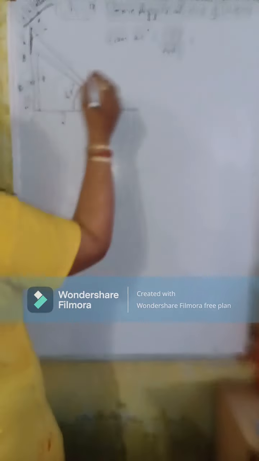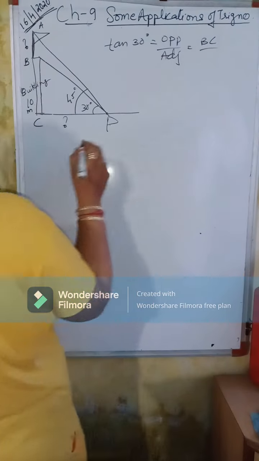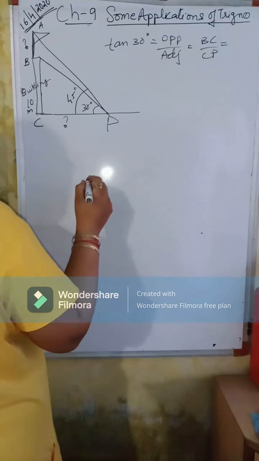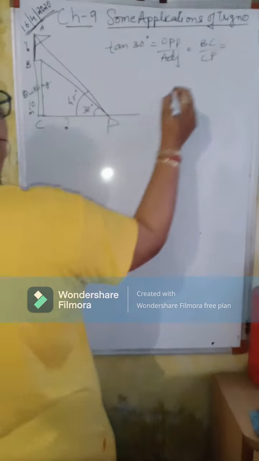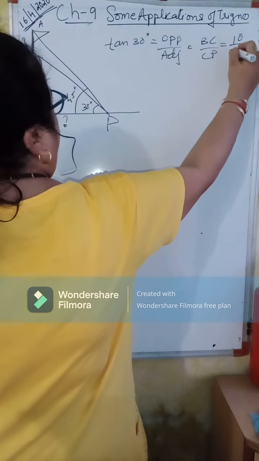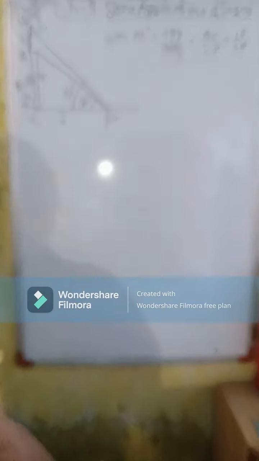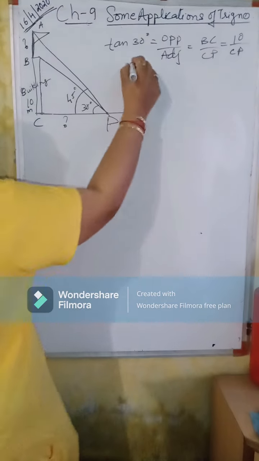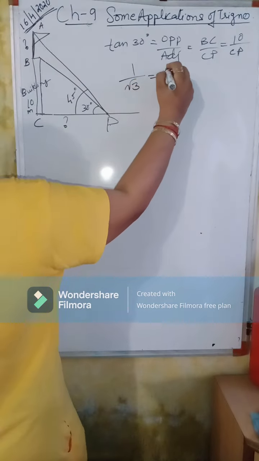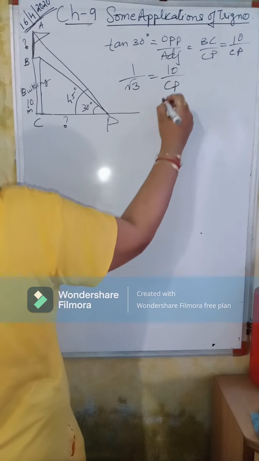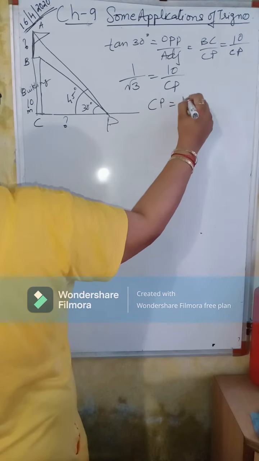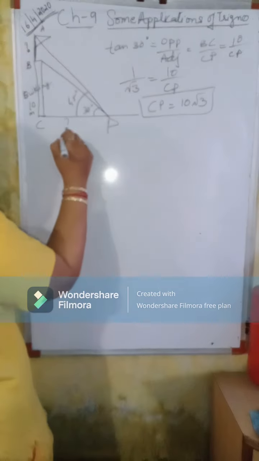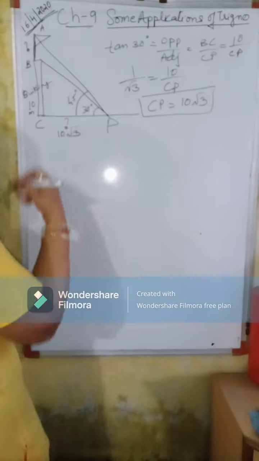Opposite is BC upon adjacent CP, that is 10 upon CP. And tan 30 degrees is 1 by root 3, equal to 10 upon CP. Therefore CP is equal to 10 root 3.